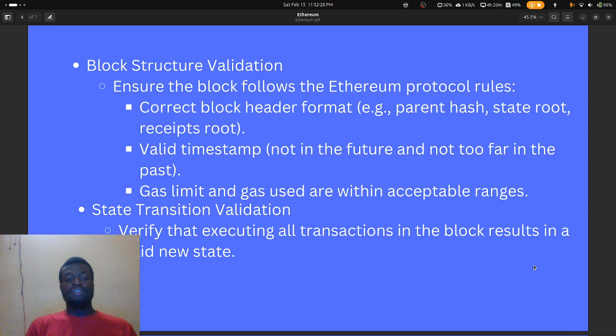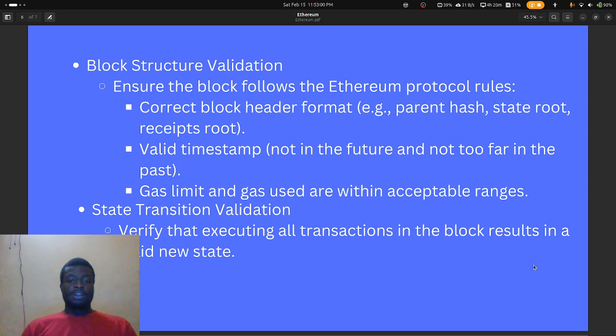It changes from the previous state it was in to the new state after the block has been added. So that is what state transition is all about in the Ethereum blockchain. Anytime a block is being added to the blockchain, state transition always occurs. Here it says verify that executing all transactions in the block results in a new state. Exactly, that is what state transition is all about.